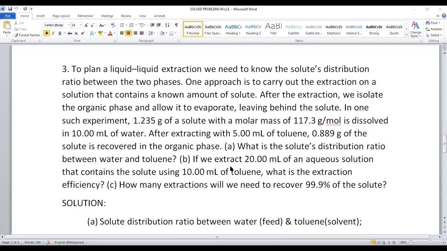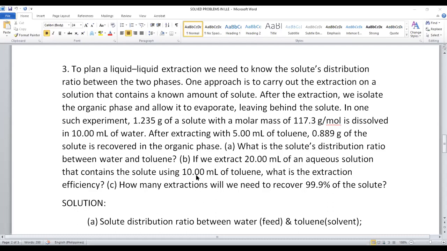One scenario, you've dissolved 1.235 grams of solute in this much of water using this much of toluene, and this is your recovery. This one is just the molecular weight of your solute. Now, what is the solute's distribution ratio based on this info? Okay, you don't work out the information on the next data. Then if we extract 20 ml, so this is L, your aqueous solution, your feed, in an aqueous solution that contains the solute using 10 ml of toluene.